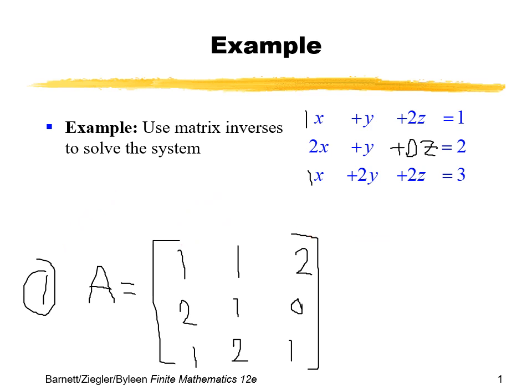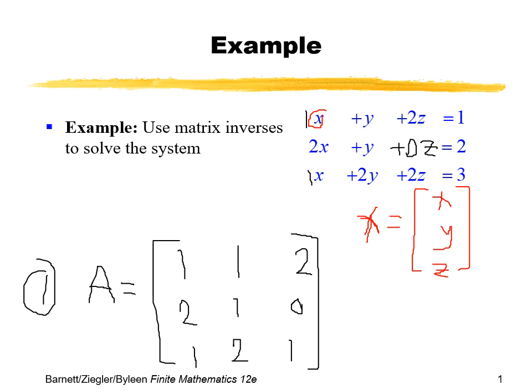The second matrix is the unknown matrix X. In this matrix we put our unknowns: the first element is x, then y and z. It is called the matrix of variables or unknowns matrix.